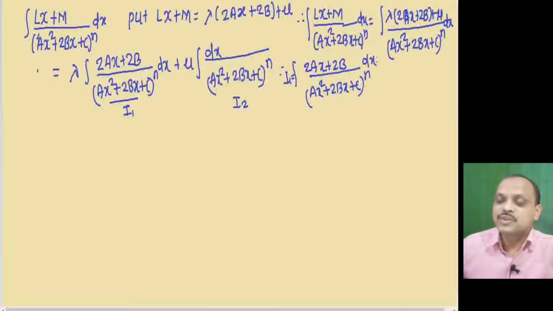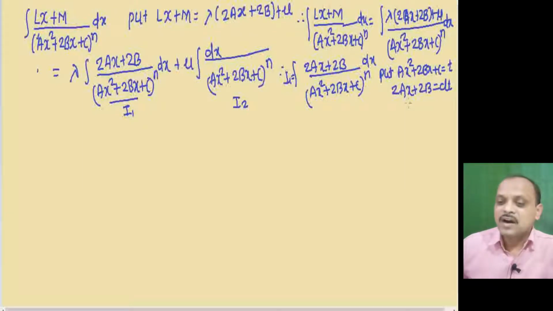Now if we put ax square plus 2bx plus c equal to t, then you can see that 2ax plus 2b dx equals dt.